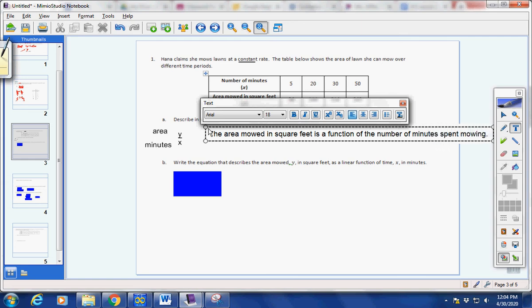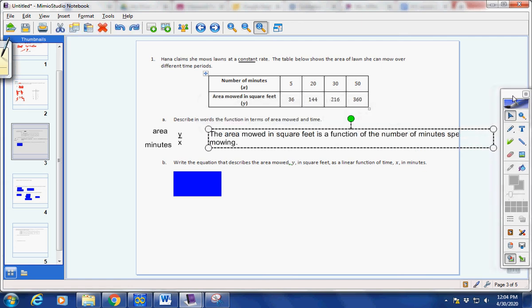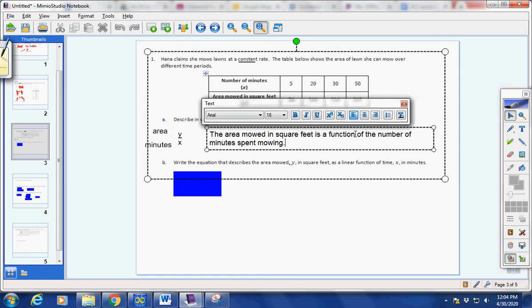Now I added, of course, a little bit of extra in there, but basically I want you to realize what this means. It's the number of areas per the number of minutes. So I said the area mowed is a function of the number of minutes. I added the words mowing in there.